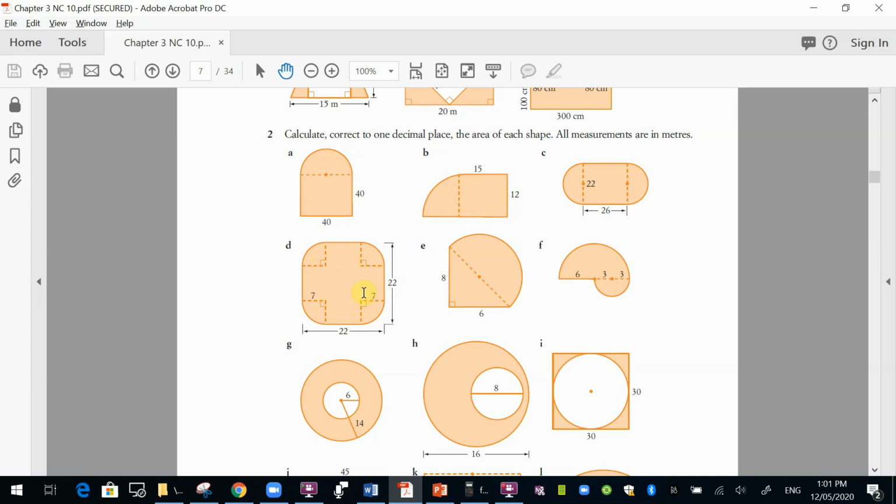Let's have a look at this one just to show you how to work this one out. So you need to work out the area of each corner, 4 quarters of a circle. Then you'll need to split up the middle into how many shapes you think are necessary and add them all up, remembering what the dimensions are of the radius here and the total length across.